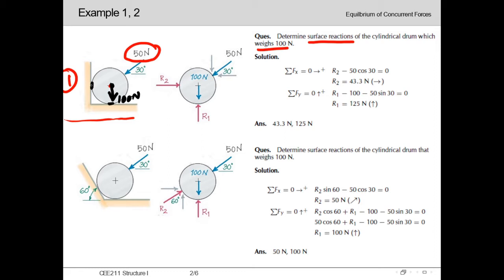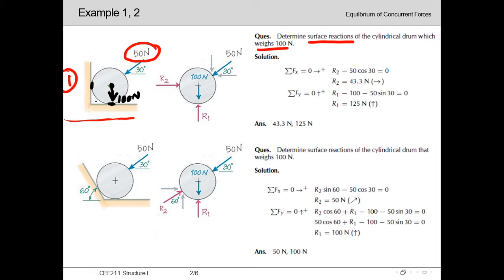So here is the contact surface. Due to this contact surface, this wall will be exerting a reaction upon this drum, and through this contact surface also a reaction will be imposed on this drum, and this whole thing will keep the drum in an equilibrium state.